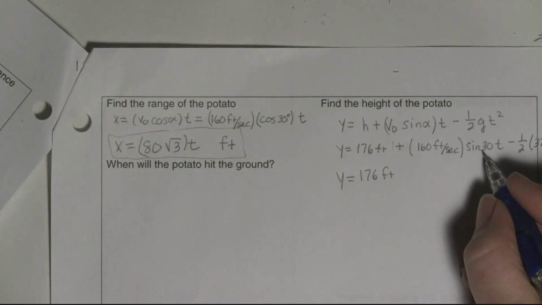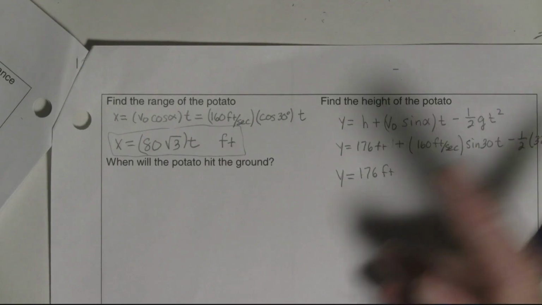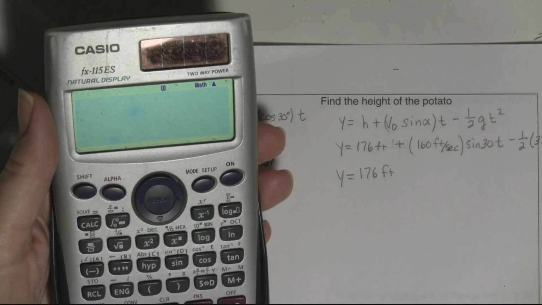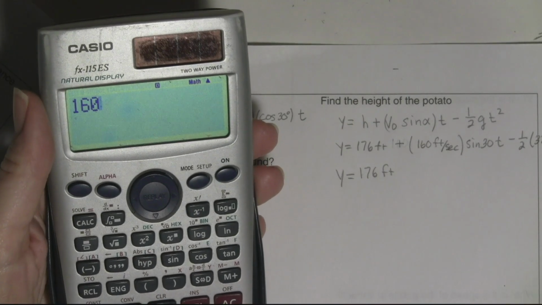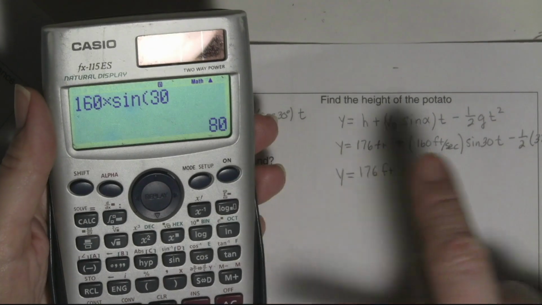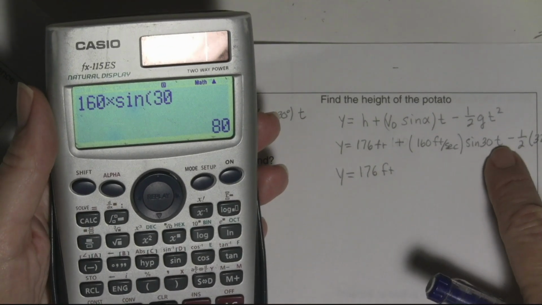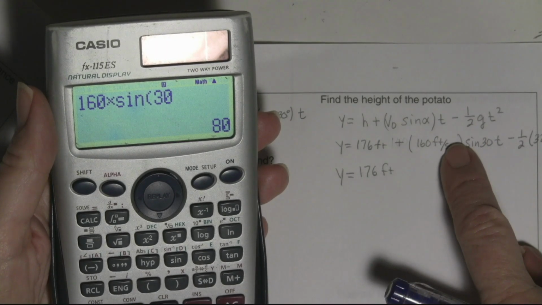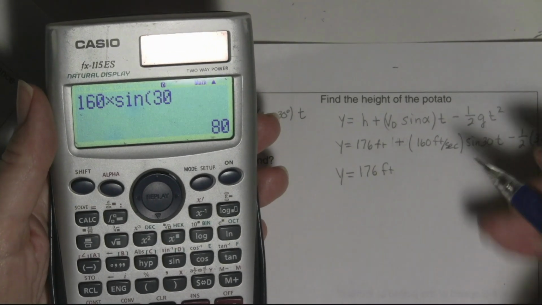And then sine of 30 is surely half, right? So this is 160 times the sine of 30, which is going to be half, right? So this is going to be 80. And then the time has seconds on it. So that'll cancel with those seconds. So this will be in feet.